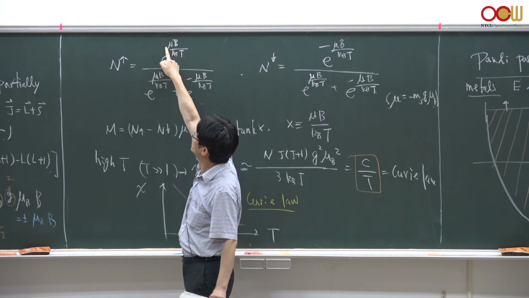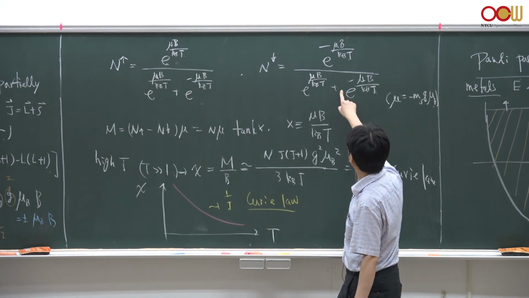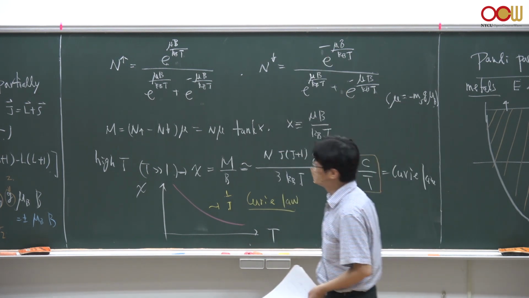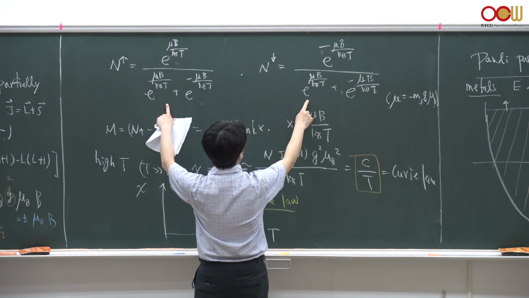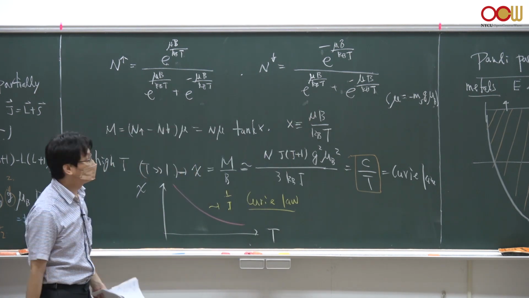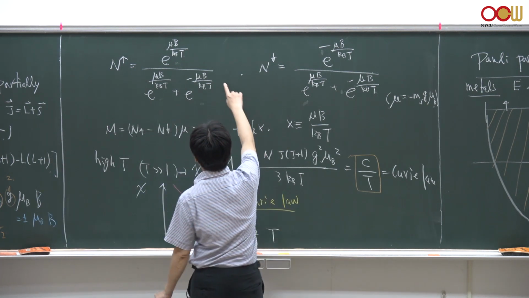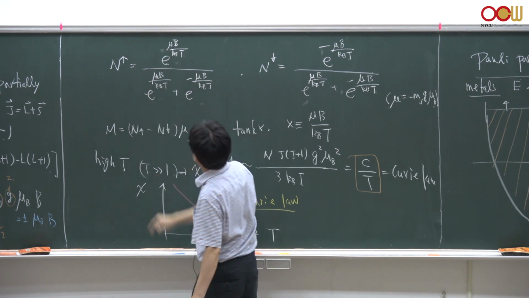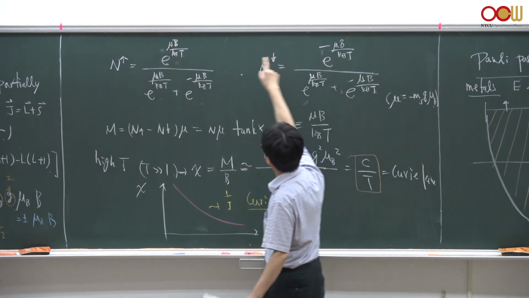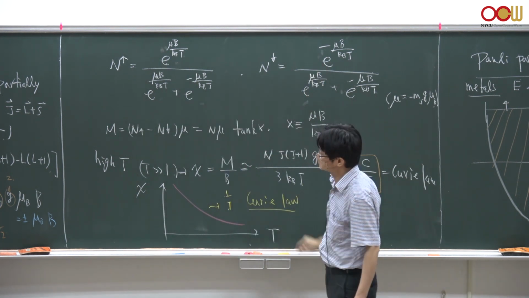For the spin down state, you get the same but with the opposite sign. Now you can see that there's a difference between the number of spin up and spin down electrons at finite temperatures, precisely because of the numerator in the exponential form with different exponents. This is plus, but this is minus.